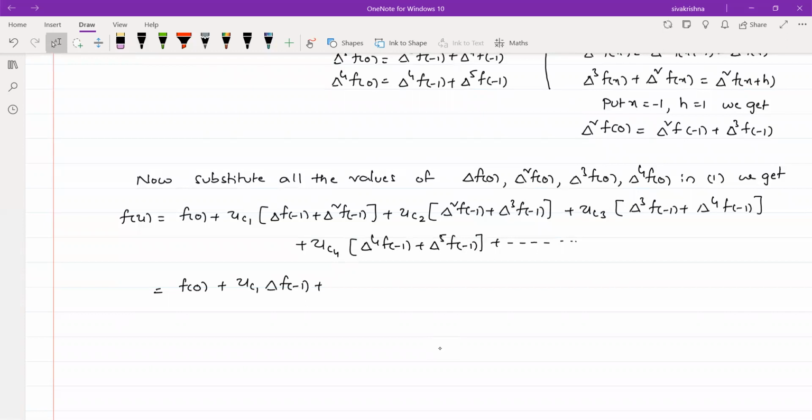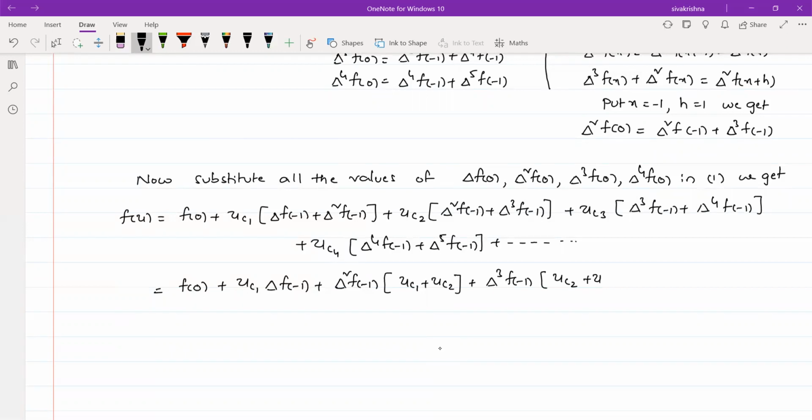We have delta square f of minus 1 into uc1, and also delta square f of minus 1 into uc2, so we take common delta square f of minus 1, so that we get uc1 plus uc2. Once again we have two terms of delta cube f of minus 1, so we take delta cube f of minus 1 common, so that we get uc2 plus uc3.